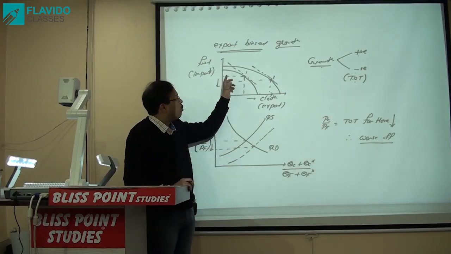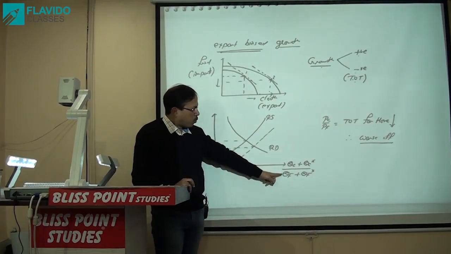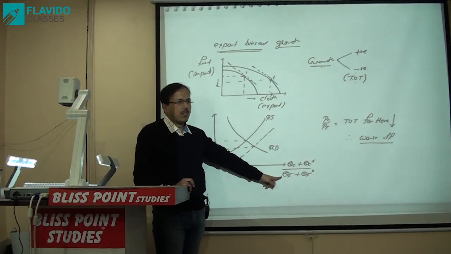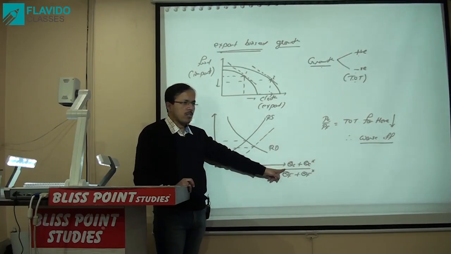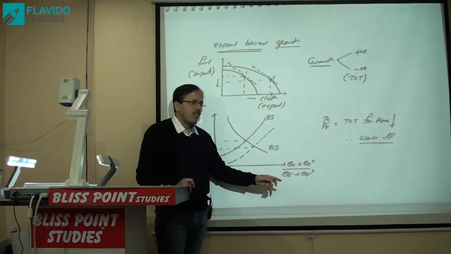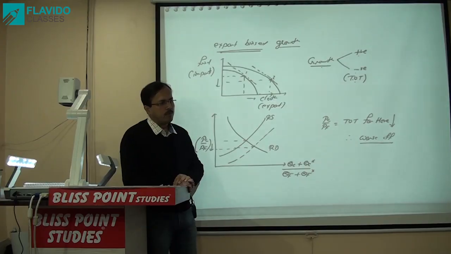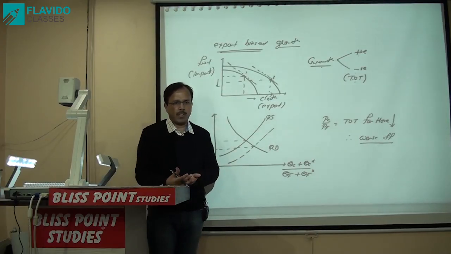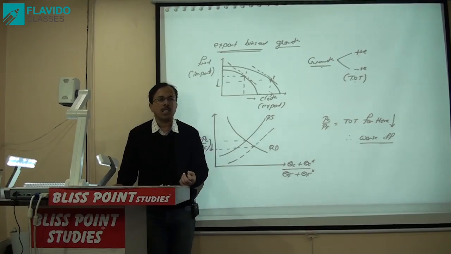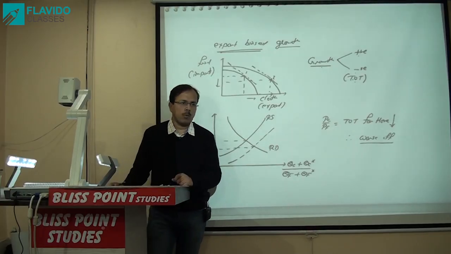So when it shifts more in the direction of food, the quantity of food will increase and cloth will reduce. But if the denominator increases more, then the entire value will reduce and RS will shift to the left, and therefore TOT will improve. So growth will have a positive effect, and TOT also has a positive effect. So immiserizing growth arises only in which case? Export bias.